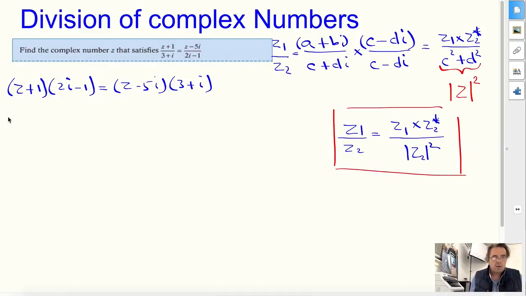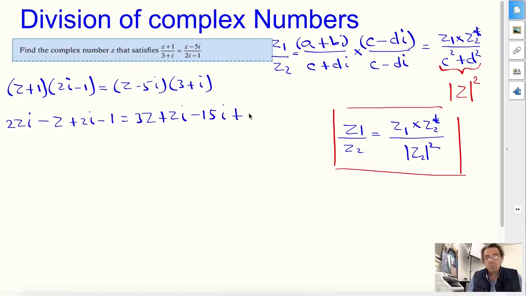So I get 2zi - z + 2i... equals 3z + zi - 15i - 5i squared. So that's a plus 5.